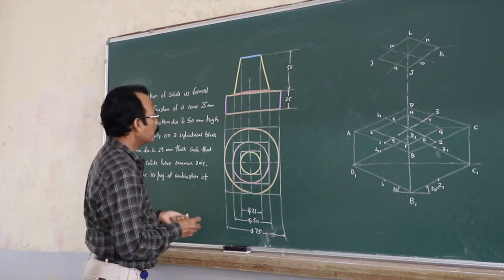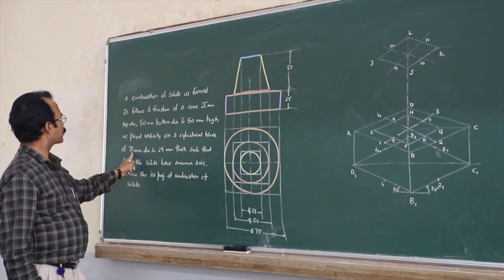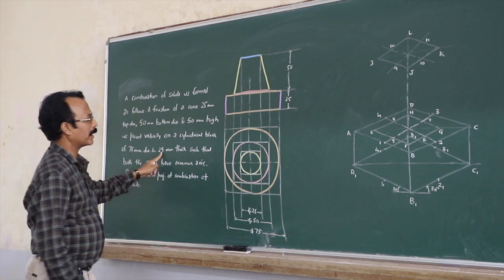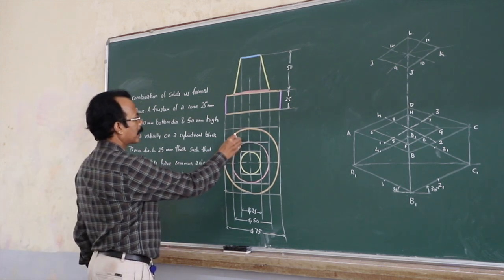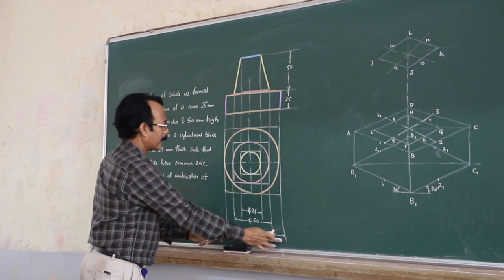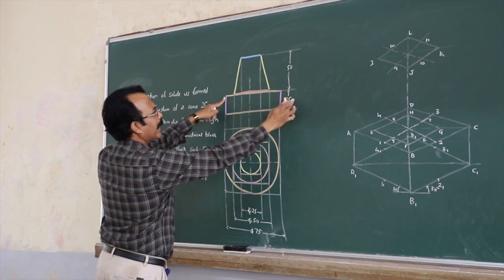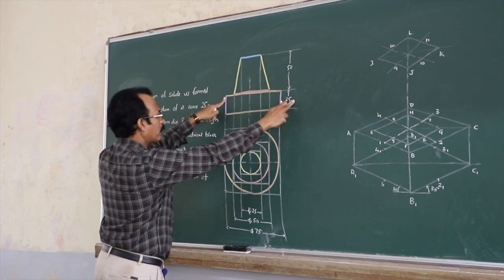So when you take the top view, for the cylinder it is diameter 75 and 25 mm thick. So draw a circle here of 75 mm diameter, right. Project its front view, which is a rectangle, and thickness is 25 mm.